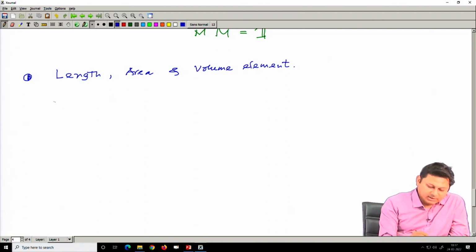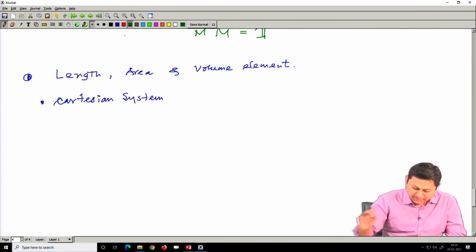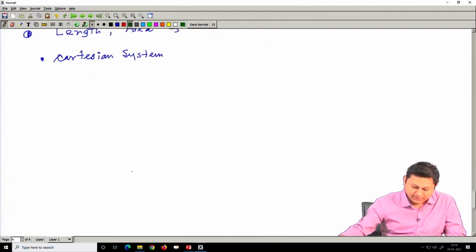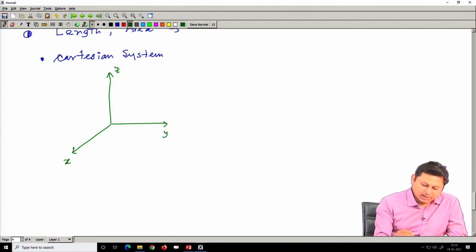Let us start with the Cartesian coordinate system first. In the Cartesian system, these things are very straightforward. I am having a Cartesian coordinate system x, y and z.